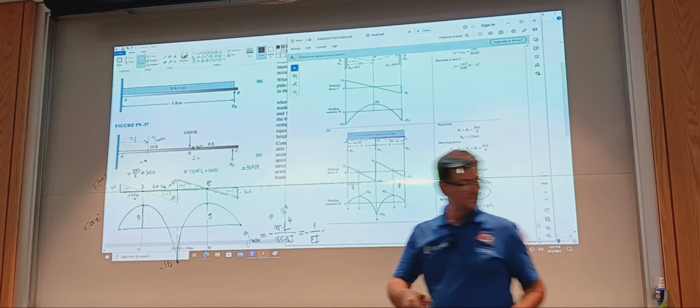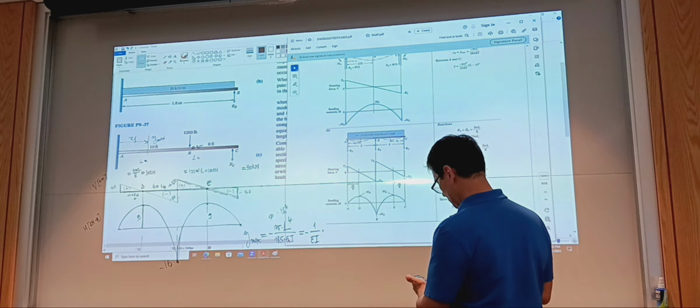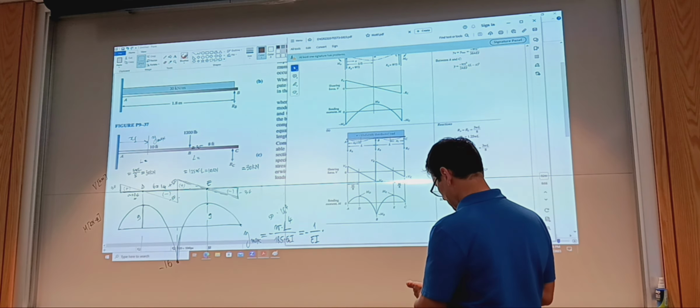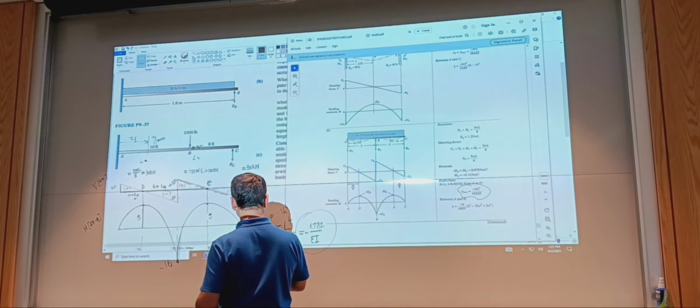So 50 is w times 1.6 to the power 4 over 185 equals, so this is, yeah, I could put it on top. 1.7712 over EI.